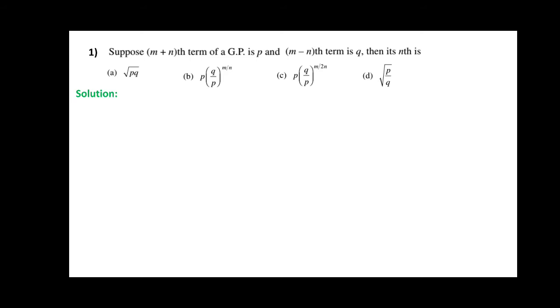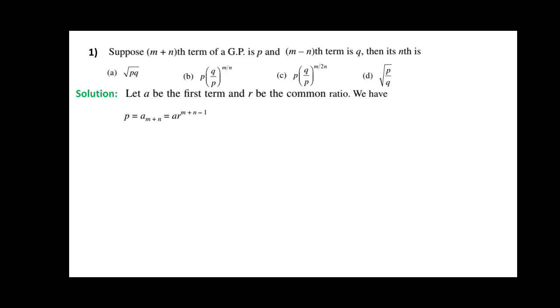See students, first let us observe the given data in the question. Let small a be the first term and r be the common ratio for the given GP. Therefore we have small p is the (m plus n)th term, so we can write it as a into r to the power m plus n minus 1, because the nth term is a into r to the power n minus 1.